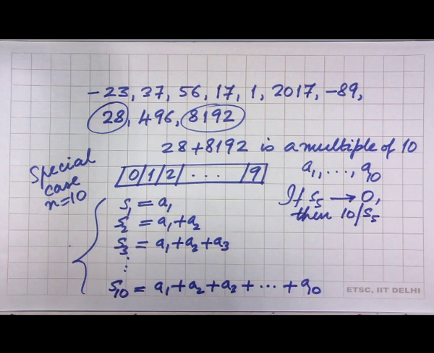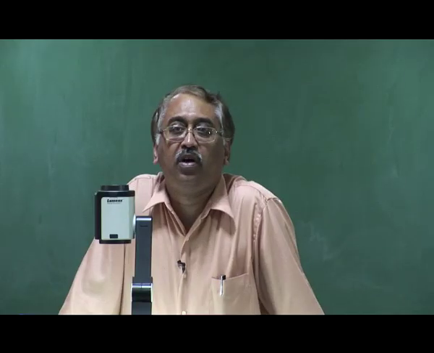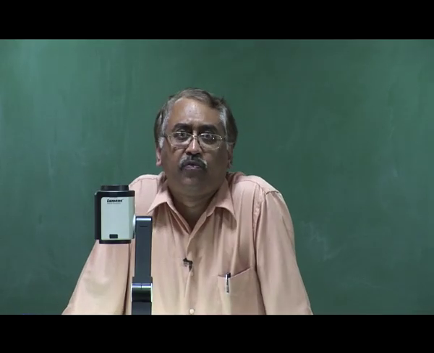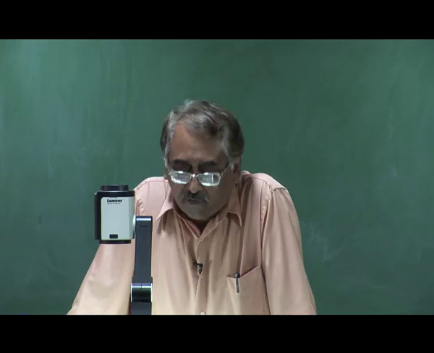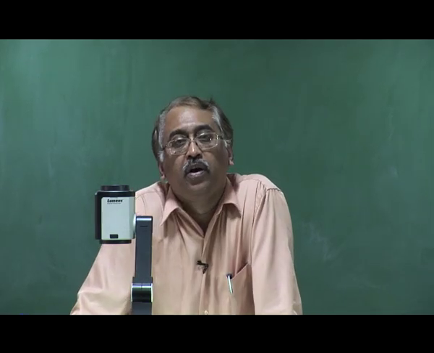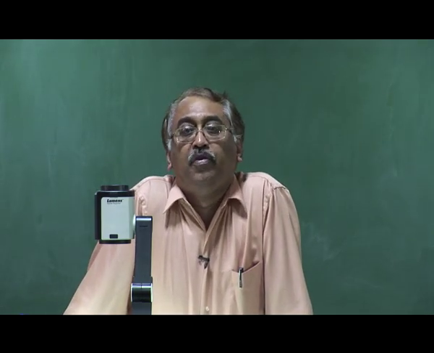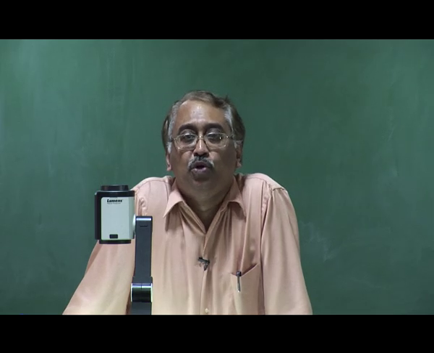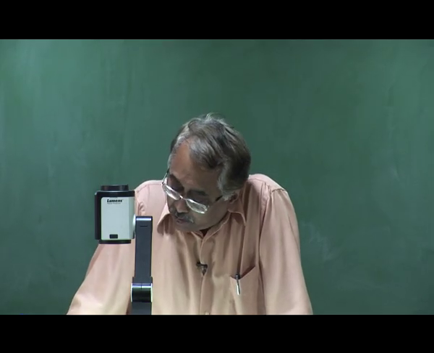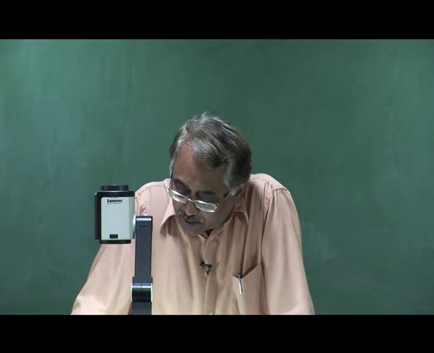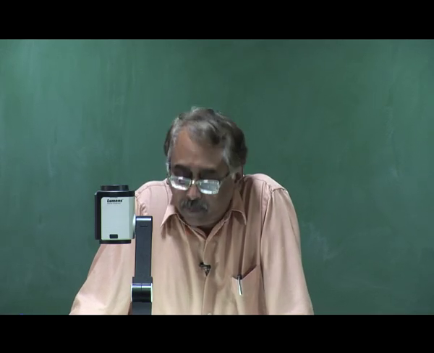And S5 is simply the sum of the first 5 terms in the sequence of numbers that I took. And therefore, I have a subset consisting of A1 till A5, whose sum is a multiple of 10, which is what I sought to do in this particular problem. So I'm done if any one of these numbers, S1 to S10, fills up box 0.